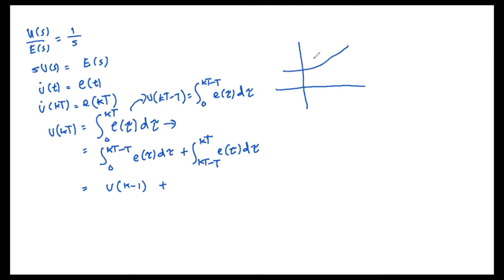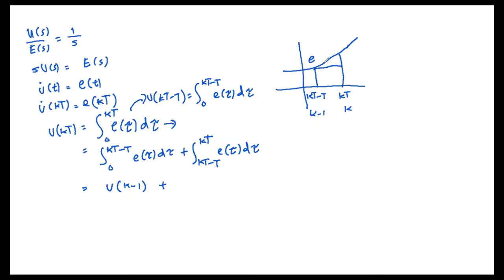So let's say we have a function e, and what we are interested in is finding the area from kT minus T to kT, which is equivalent to k minus 1 to k. The way we approximate the area is by taking the value of e at kT minus T and just taking it forward and making a rectangle.